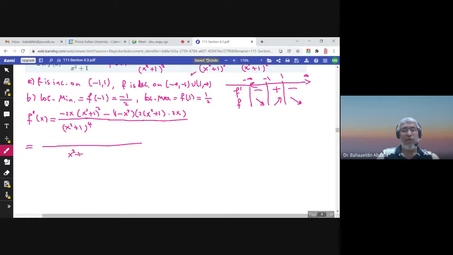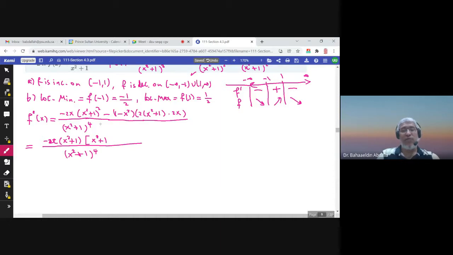So how many terms are there in the numerator of f double prime? 2 terms. This is the first term, and all of this is the second term. Well, what do we have? I have 2x, -2x actually in both terms. And I have x squared plus 1 in both terms. Even in the first term, it is to the power 2. So now, from the first term, only x squared plus 1 is left, not taken.